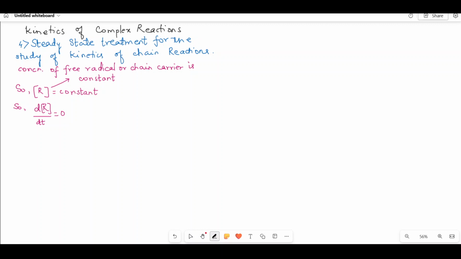So now let us apply steady state treatment to the general chain reaction. What we get is M, which is a reactant, at K1 will go to R. Now here in the first step, as I said in my previous video, it is chain initiation. Something will initiate the reaction.